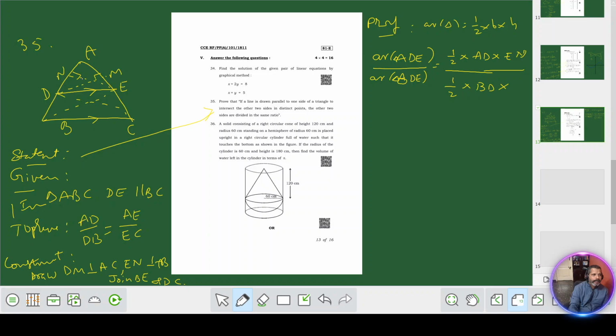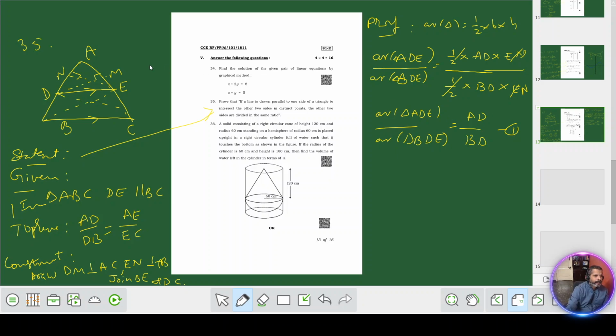So EN will be the height of triangle BDE. Now cancel these two. What you get: area of triangle ADE by area of triangle BDE is equal to AD by BD. Call it 1.